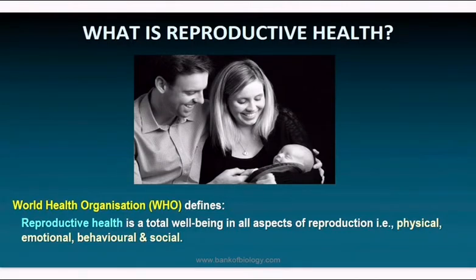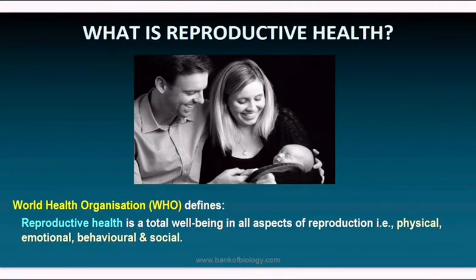The Government of India initiated a number of programs at national level to attain total reproductive health as a social goal. These are popularly termed as RCH programs, as you know, reproductive and child health care programs. R for reproductive, C for child health, H and care.